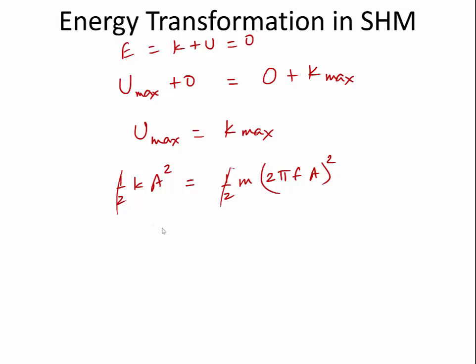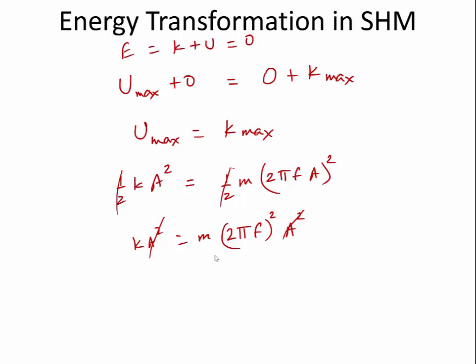I can expand the squared term, so this becomes Ka squared equals m times 2 pi f squared times a squared. I just expanded this to pull a out, and now I can cancel a from both sides.